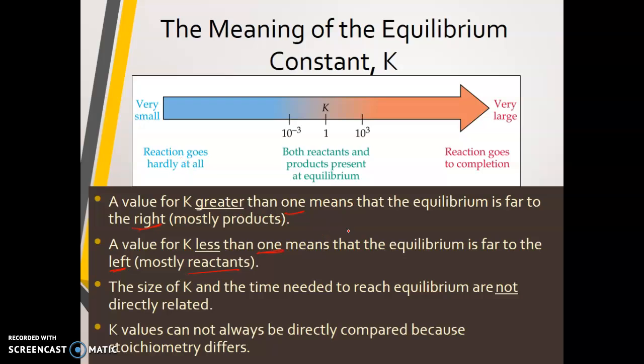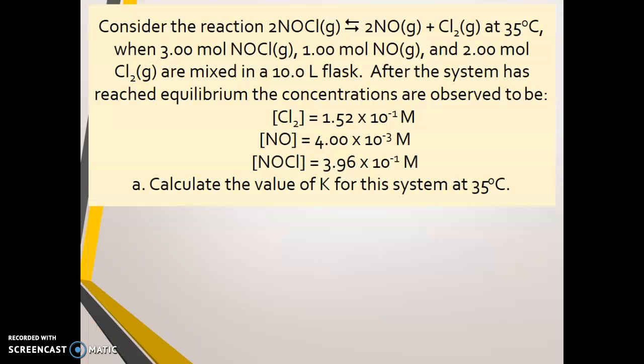The size of K and the time needed to reach equilibrium are not necessarily directly related. K values cannot always be directly compared because the stoichiometry differs. So let's take a look at this example. Consider a reaction of 2 NOCl forming 2 NO and 1 chlorine at 35 degrees Celsius.